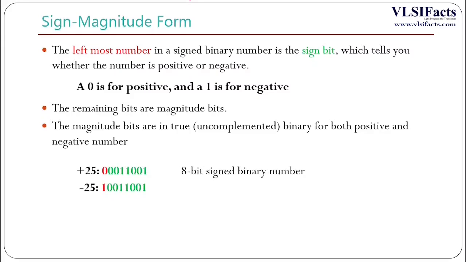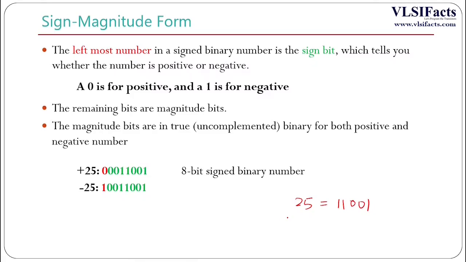For an example, we have taken an 8-bit sign binary number. We have considered 25, both positive 25 and negative 25, and we are trying to represent the number using 8-bit binary numbers in sign magnitude form. So to represent 25 in its binary form, we need only 5 bits. 25 can be written as 11001.